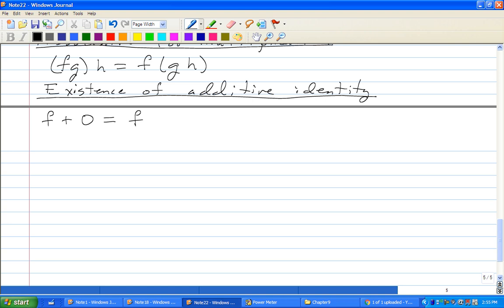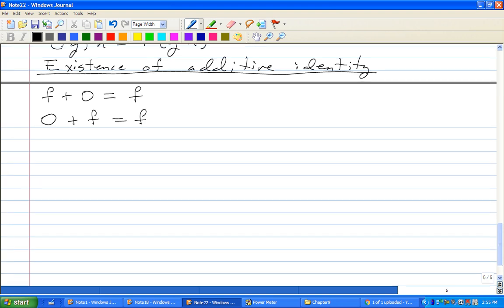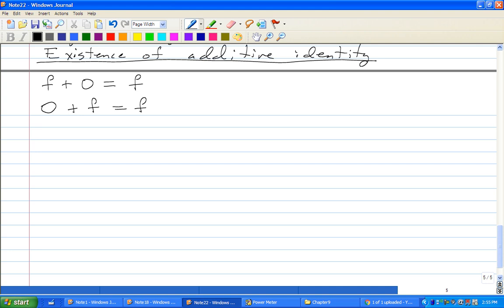And so this is a right additive identity. And by commutativity, we also have that the additive identity plus some function f is just equal to the function f. And so it's both a right and left additive identity. And so f plus 0 is just f, 0 plus f is just f.